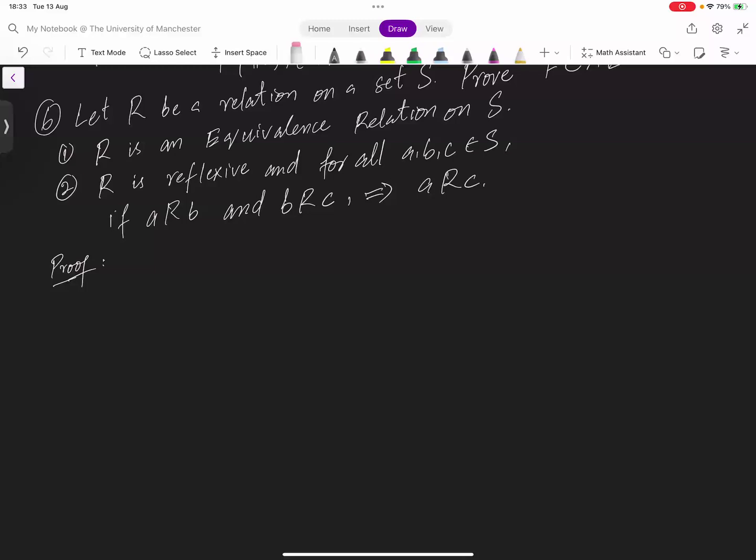Proof. Now you can see one implies two. How? If we assume that one is true, then R is an equivalence relation on S, and this shows that two is true. Why? Because if R is an equivalence relation, it will be reflexive and it will surely follow the transitive property, which is this one.